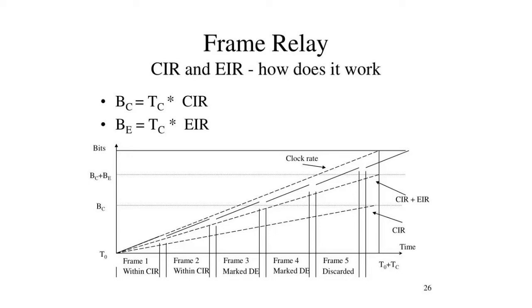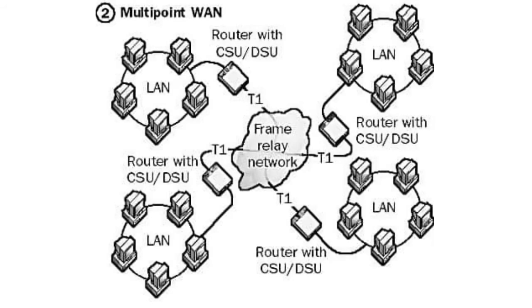Some service providers allow temporary bursts of traffic to exceed the committed information rate, but any traffic above the committed burst rate is dropped and requires retransmission. Frame relay runs over T1 and fractional T1 carriers, with transmission speeds ranging from 56 kilobits per second to 1.544 megabits per second or higher.